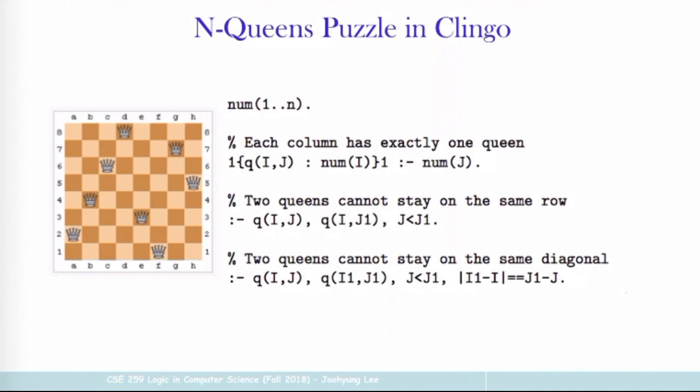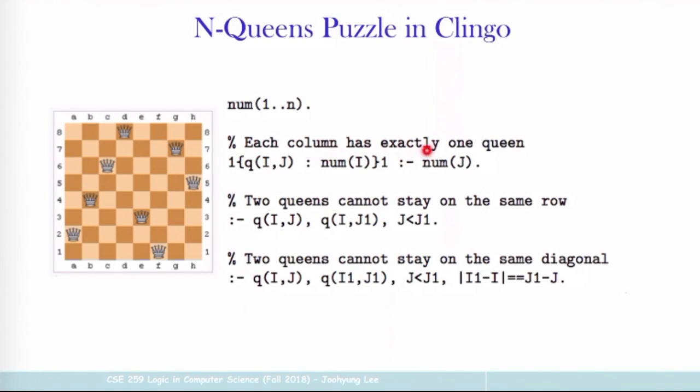The reason this becomes succinct is because you don't have to say how to solve this problem. You just say what the problem itself is. If you read the comment, that's how the rule is specified. The very first line is just the type: a number that goes from 1 to n.